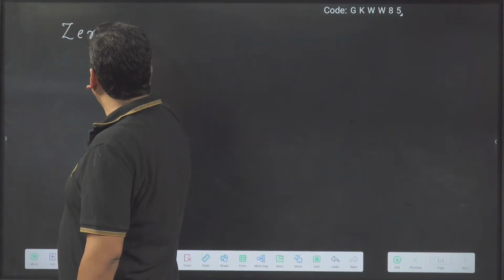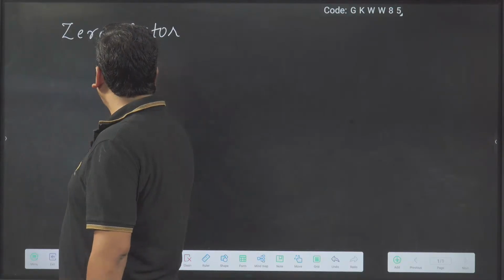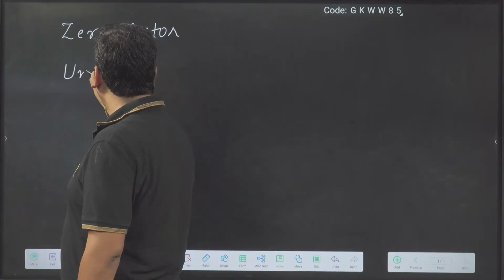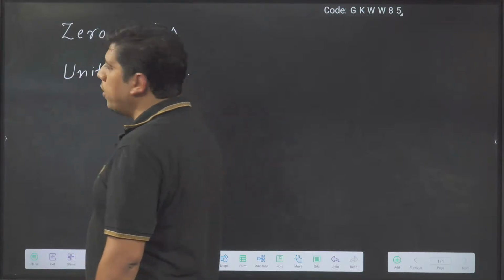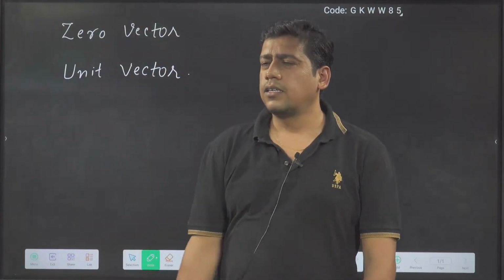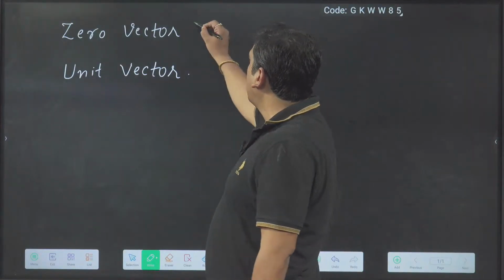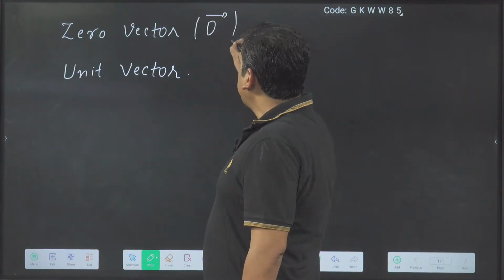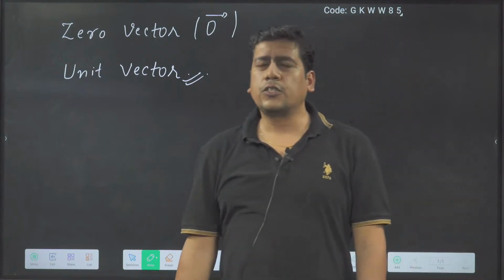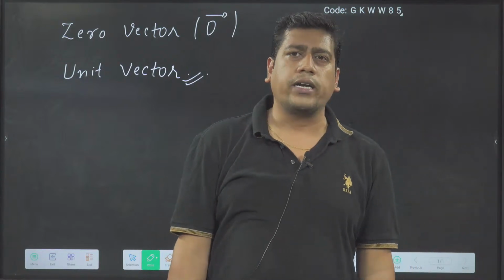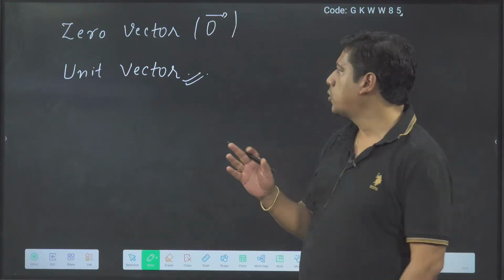First we discussed zero vector, then we discussed unit vector. And zero vector, I told you, is not that important. This one is most important, correct? That's why we discussed a lot of questions on unit vector. We will discuss more questions today also.